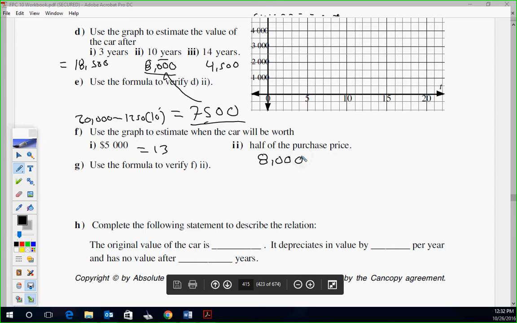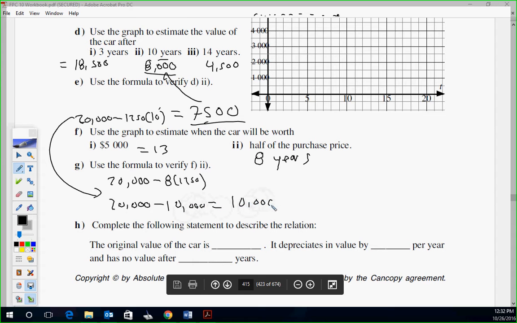Use the formula to verify part 2. Part 2 was the same exact one here. Oh, you said 8 years. So put 8 years in. 20,000 minus 8 times 1250 is 10,000, which is half the purchase price.